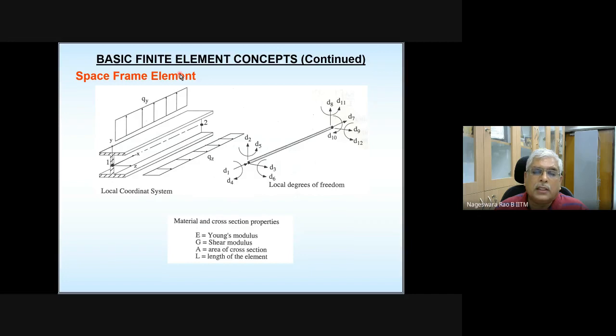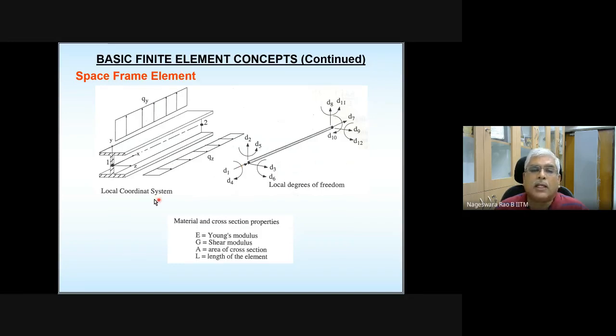What is the governing differential equation? That equation looks similar to this two-node bar element undergoing axial deformation. So wherever E, A are there, you need to replace with GJ, and wherever U is there, you need to replace with theta. Okay. Anyway, once again we'll go through it.